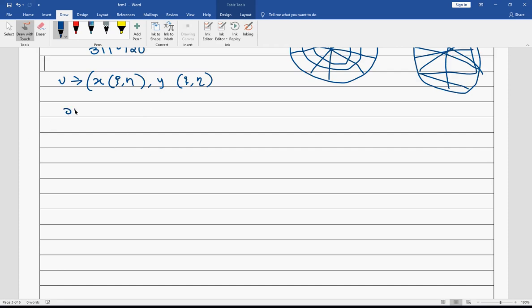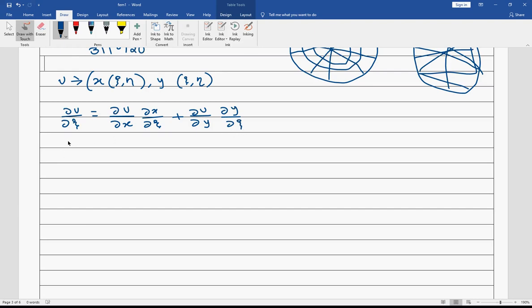So from this I can write down delta u by delta xi, that is equal to delta u by delta x and delta x by delta xi plus delta u by delta y and delta y by delta xi.